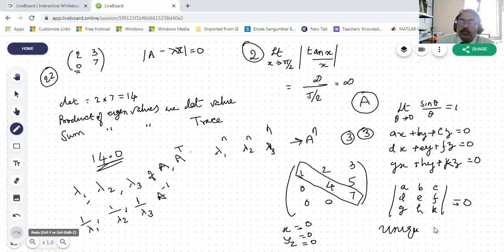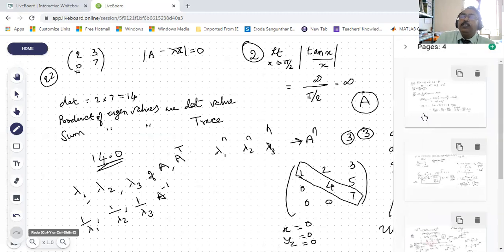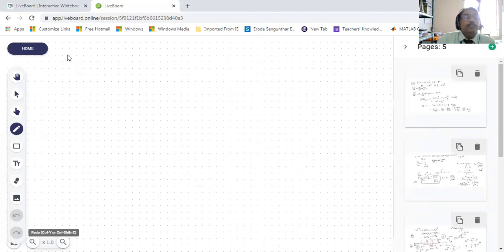Whenever you deal with a system of equations, you work with the rank. Ax is equal to B is a system of equations.